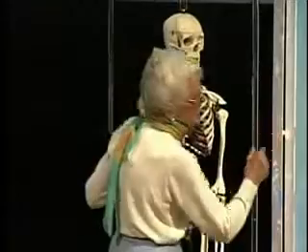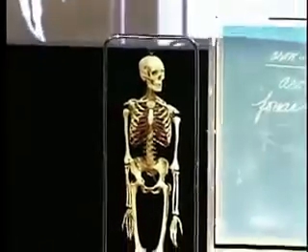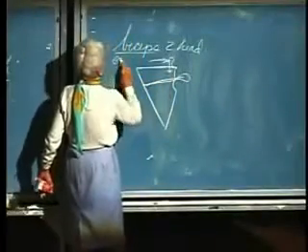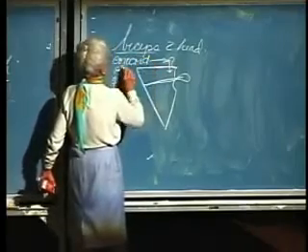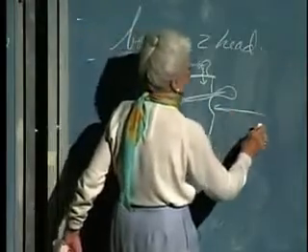But I can't put it in that way, so I put it up above. So what we could do is something like this so you'd see that it's really behind. So this is coracoid process. And this is our glenoid fossa.